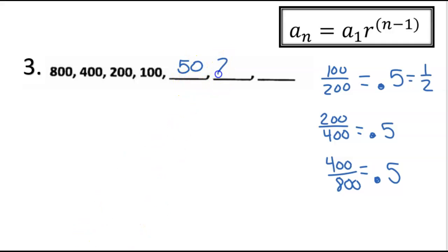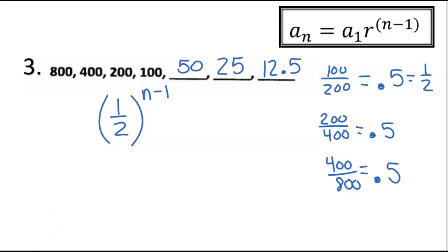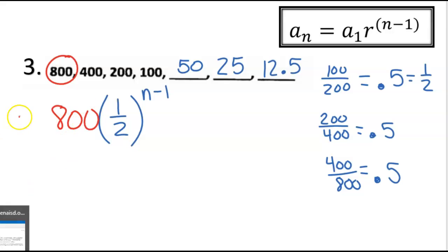What's half of 50? And half of 25 is 12.5. So in this pattern, I'm multiplying by a half. That's why the numbers are going down, because I'm multiplying by a number less than 1. My common ratio is the multiplier, and that was a half. My starting number is 800.